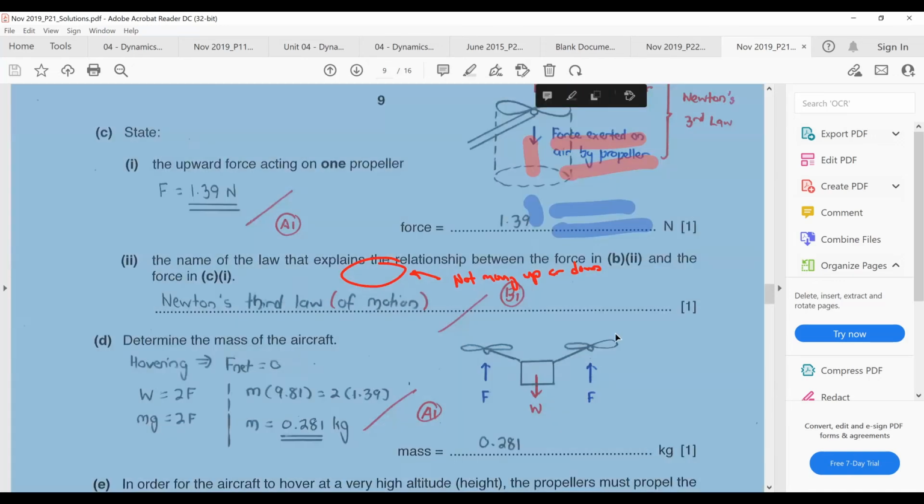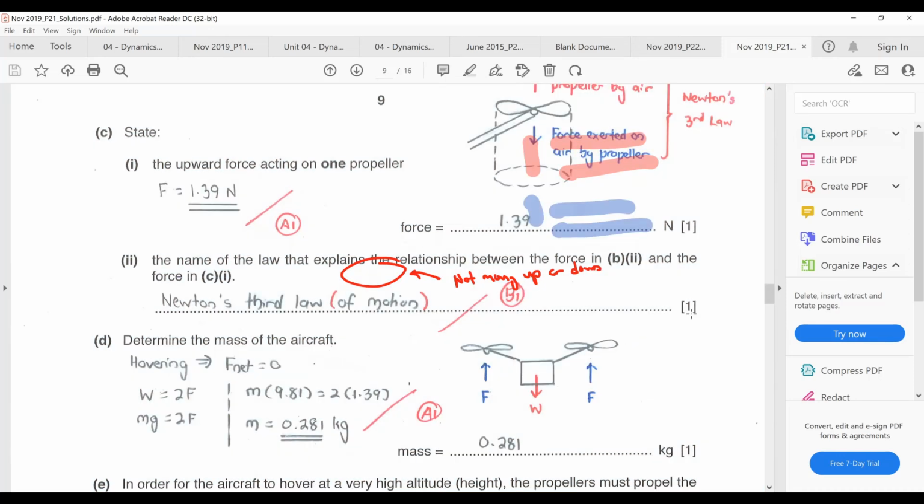So that would mean that the weight of your aircraft is balanced by the force on the propellers. You have two propellers. You already found out the force on one propeller, which is equal to 1.39. So the second propeller is also going to be 1.39. Since they are hovering, your resultant force will be 0.